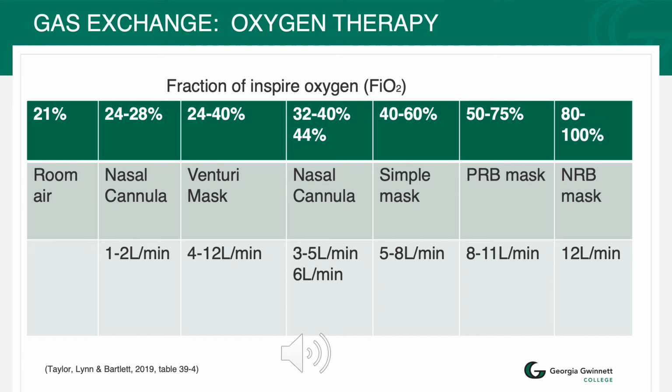The nasal cannula is a basic oxygen delivery device that can deliver anywhere from 1 to 6 liters of oxygen. Here at the very first column, I have 1 to 2 liters of oxygen will deliver 24 to 28% FiO2. This is a basic device that we as nurses can put on our clients if they're experiencing dyspnea without an order at first.